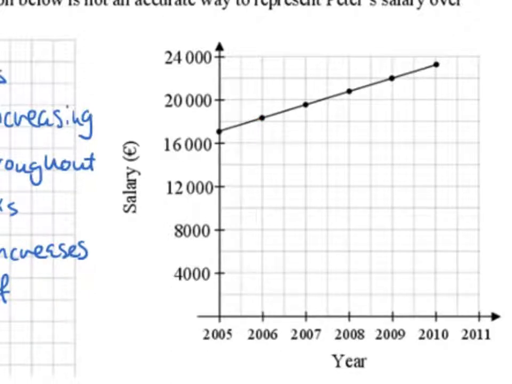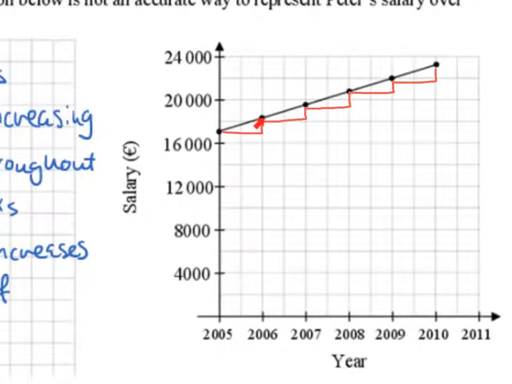So a more accurate graph would look like this. So this would show us that his salary stays the same for the full year of 2005, and then it goes up at the end. It goes up to the next salary point.